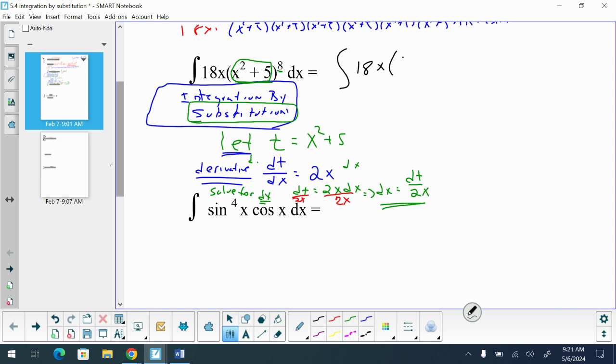So we have, parentheses in there, we have t to the 8th power. We're just taking the x squared plus 5 out, which we said is equal to t. And once again, as we talked about substitution, you're replacing something with its equal times, well, the next thing I come up with is dx. Well, dx we said is equal to dt divided by 2x.